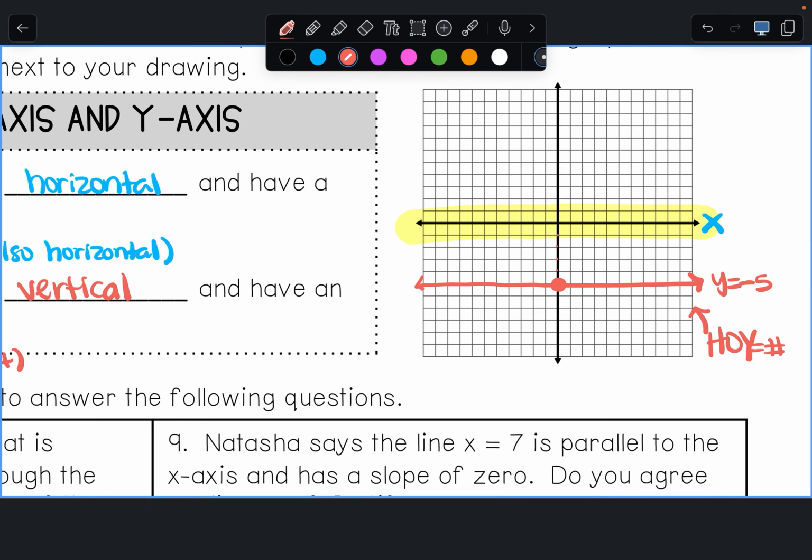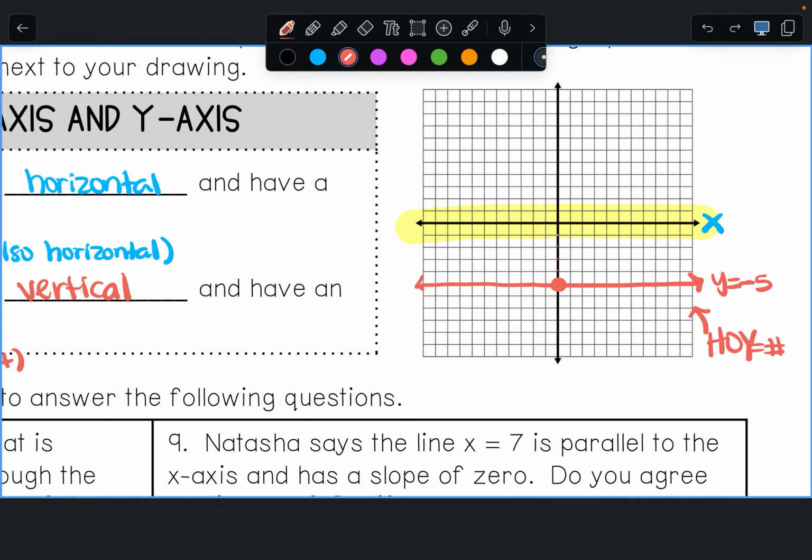So for the one that's already on the x-axis, would you just put y is equal to x? No, it's not y is equal to x. Y is equal to 0? Yes, because of HOY.